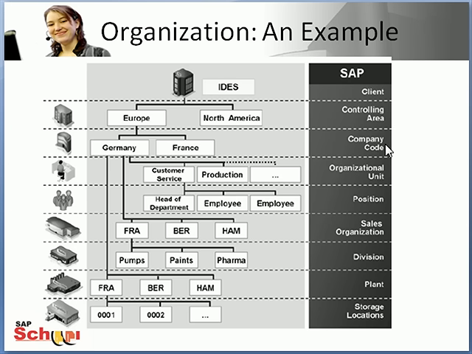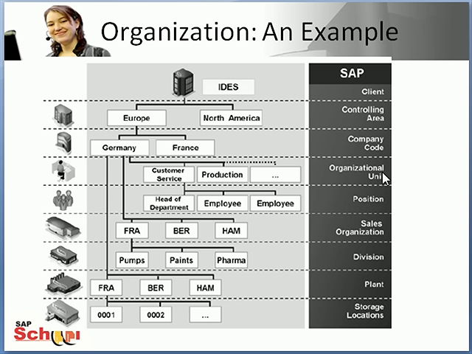Several company codes can be grouped in a controlling area. For example, Europe could be a controlling area where the company codes are Germany, France, etc. So controlling area is essentially a grouping organizational structure entity. Org unit and position are HR, human resources related org units.